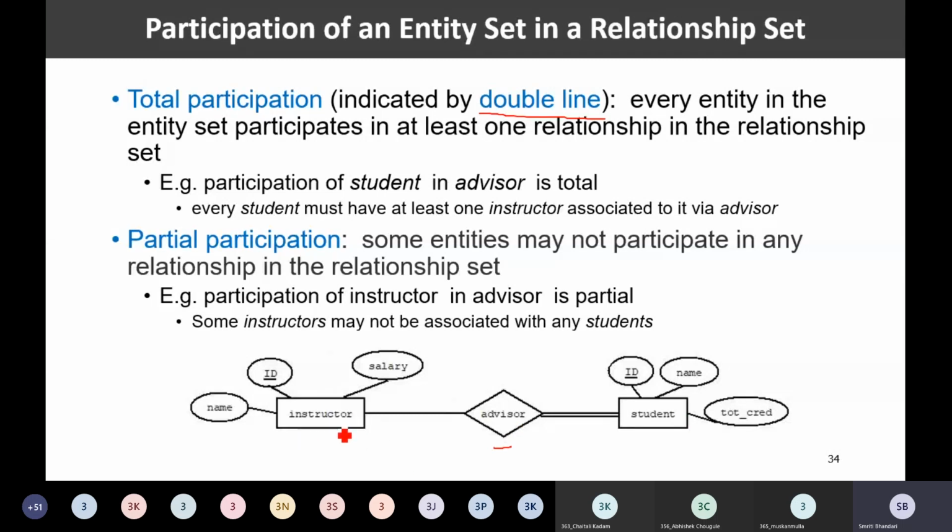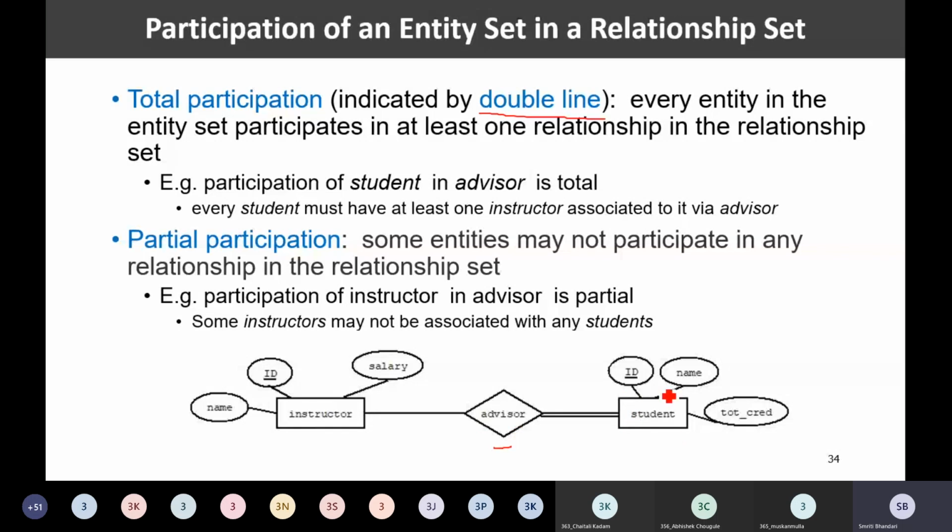Some of the instructors may not advise any of the students. So these instructors are not involved in this relationship set advisor. So this is partial participation. Total participation is denoted by a double line, and partial participation is denoted with a simple line.